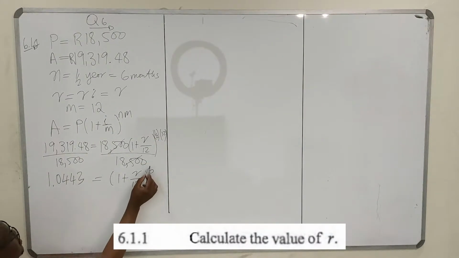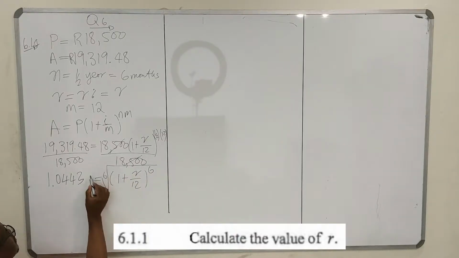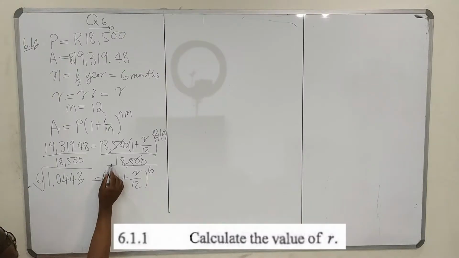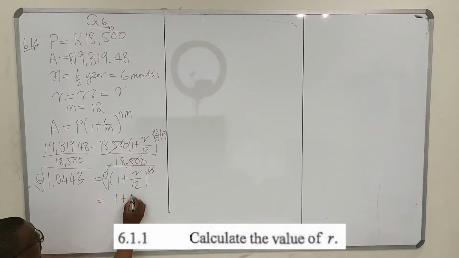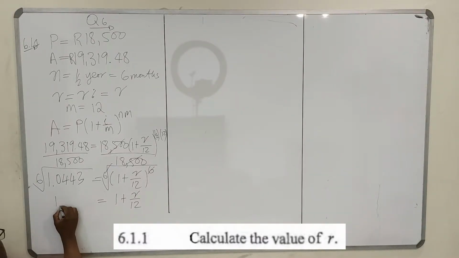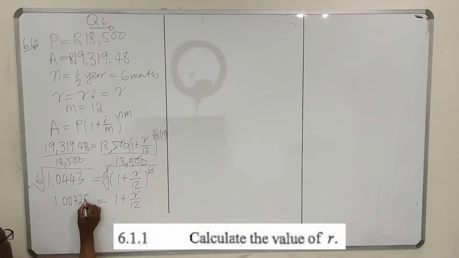So what do we do from here? You take the 6th root. So this and that go away. On the right hand side, we're left with 1 plus R over 12 is equal to the 6th root of this, which is 1.00725.